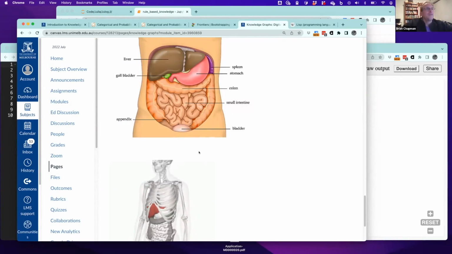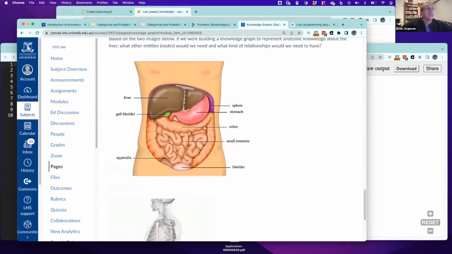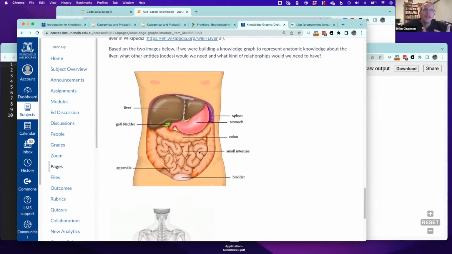So you would have things like, we're not doing diagnosis, so we would have, like, the heart is in the abdominal cavity. And then you would have basically spatial relation terms.